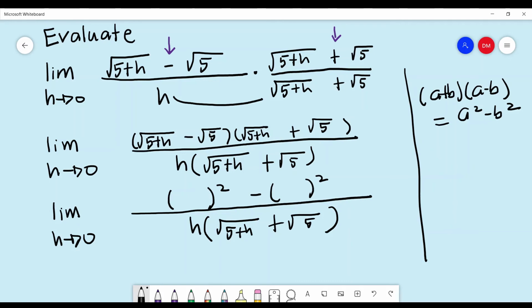Now look at the second line of our solution. A is equal to square root of 5 plus h, and b is equal to square root of 5. So what we are going to write inside the parentheses for a squared would be square root of 5 plus h, and for b squared, square root of 5.